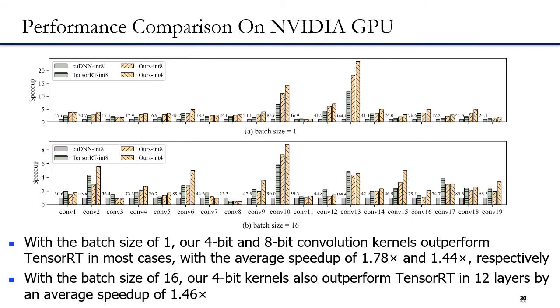With a batch size of 16, our 4-bit kernels also outperform TensorRT in 12 layers by an average speedup of 1.46 times. The experimental results show that our implementation achieves better speedup with small batch size, and our optimizations are more effective towards lower bit convolution.